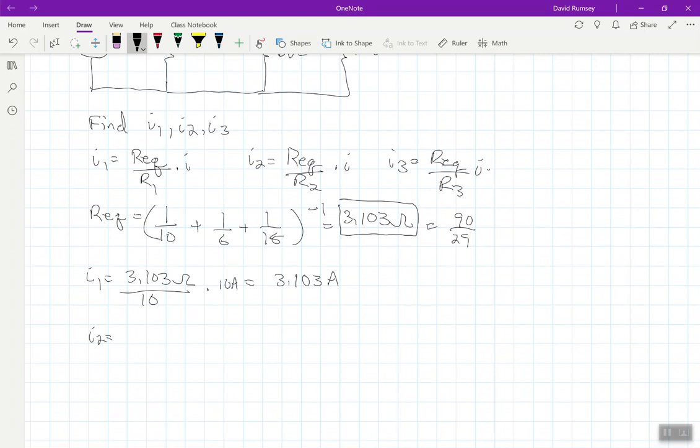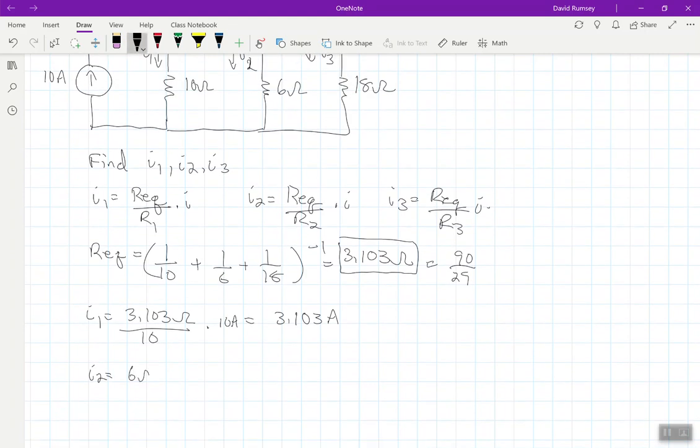I2 is going to be 6 ohms divided by 10 ohms. I'm sorry, 3.103 ohms divided by 6 ohms times 10 amps. And if I do that, we get 5.172 amps.